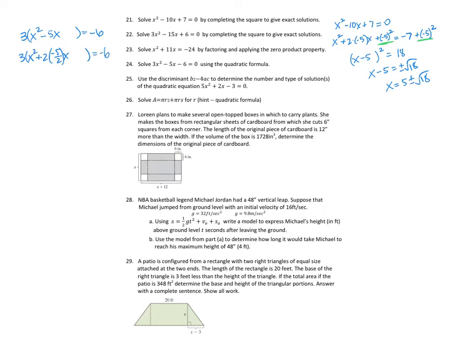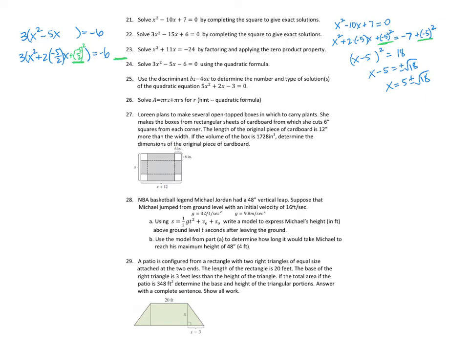And then what do I need to add inside here to make this a perfect square? Well, what I need to add here is going to be a plus negative 5 over 2 quantity squared.